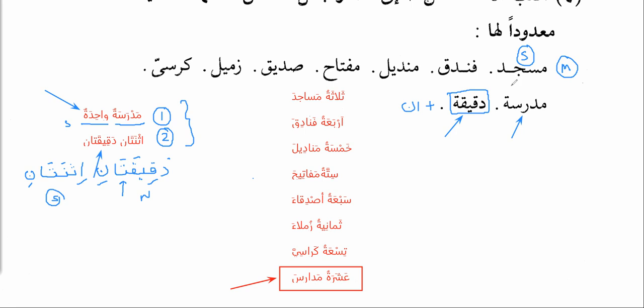And what other rule should we keep in mind? When you make a madud plural and you want to choose the gender of the number, you should always go back to the singular of the madud. If the madud is plural, masajid, go back and see what is the singular. It's masjid.